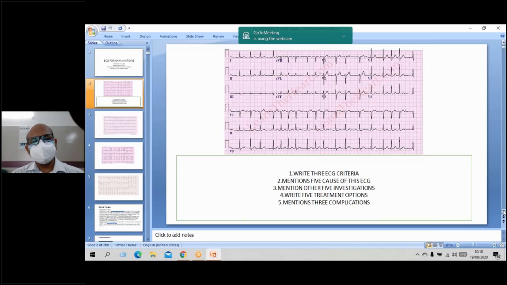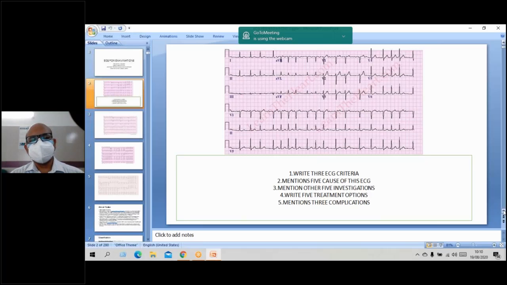First of all, a lot of questions arise from the ECG. Initially, what are the positive findings or what are the criteria present in this ECG? What is your ECG diagnosis? What are the presentations? Mention 5 symptoms for this ECG patient.